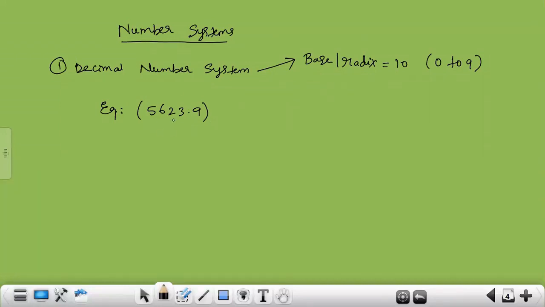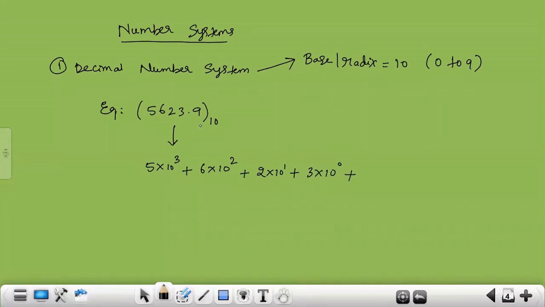If I write any particular number here, in the bottom I write 10, which indicates it is a decimal number system. Here I can have any numbers from 0 to 9. How to express it in terms of weight? 5 into 10 power 3 plus 6 into 10 power 2 plus 2 into 10 power 1 plus 3 into 10 power 0.